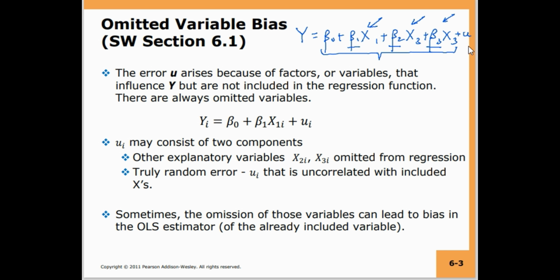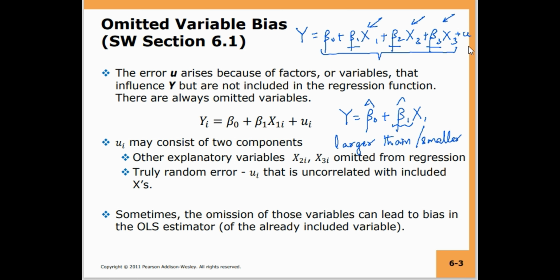So the error that will be left over when you have taken into account all the explanatory variables will be truly random. Now if you do not include these x2 and x3, then the simple regression model that you might get, which is beta 1 x1, this beta 1 may actually be biased. What it means is, the beta 1 hat that you get may be larger than, or it may be smaller than the true beta 1.